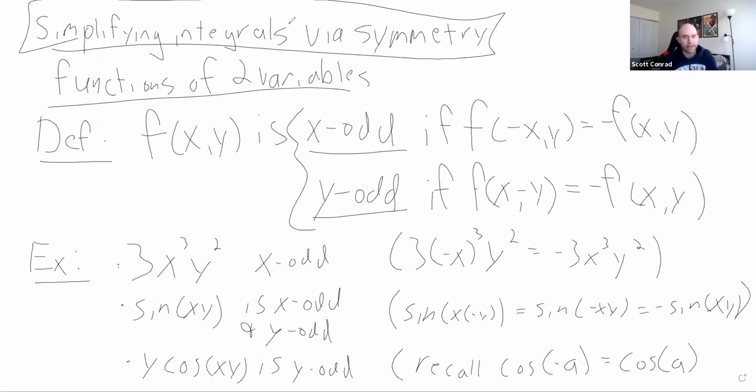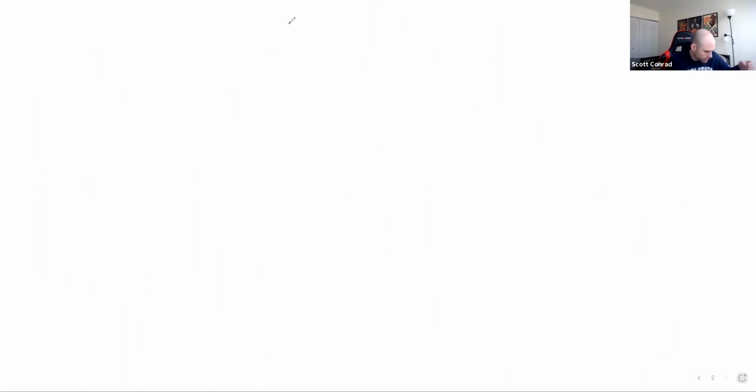So cos of negative a is equal to cos of a for whatever a is inside. So that cos stays the same. The y out in front becomes negative, and you get negative y cos xy when you replace y with negative y. But for x, you don't get negative the original function, right? You get exactly the same function again, for the same reason.